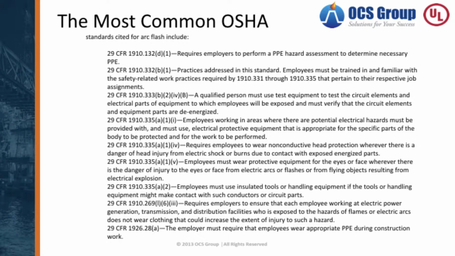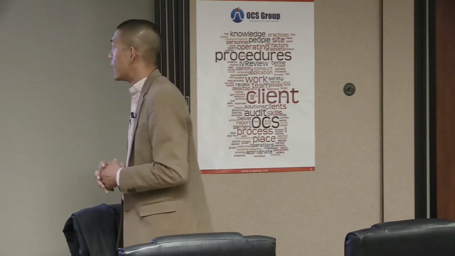OSHA requires employers to protect employees from electrical hazards. And although, with that second bullet point, it's not necessarily a requirement, they do adopt the verbiage from the 70E. So OSHA issues citations based on requirements of the 70E through the agency regulations.